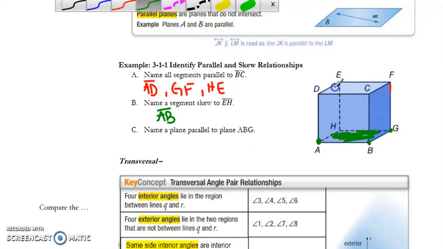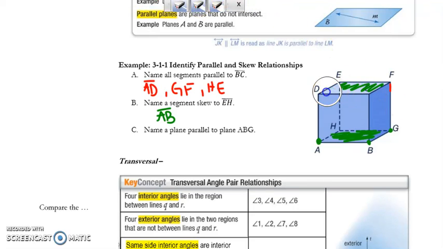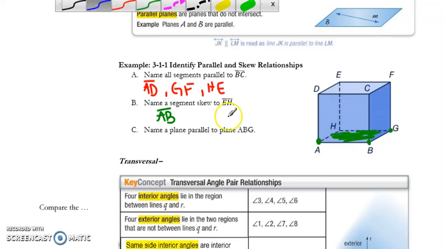Well, that would be this plane kind of up here that's never ever going to touch it. So that would be, we could name it with those 3 points DEF or DCF, something to that effect. So plane DCF.